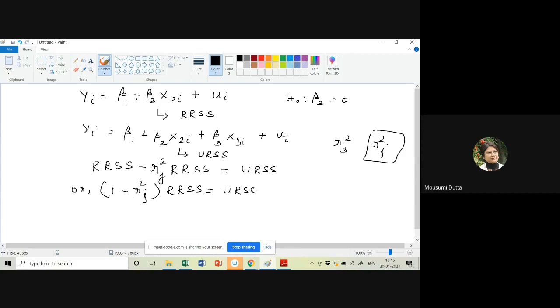As we are bringing x3i, a portion of RRSS will be explained, and that portion is Rj square. So RRSS, that is the bigger RSS, minus Rj square RRSS, that is the portion of RRSS which is now explained, is giving us RSS of the new model. Is it accepted, or is there any question?